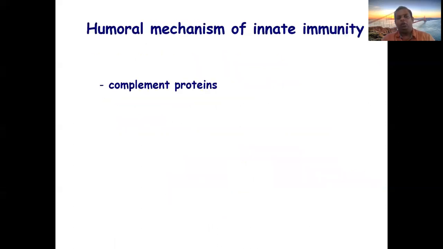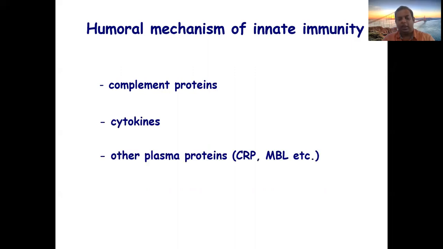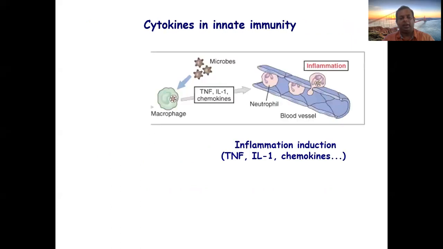So that is the cellular arm of innate immunity. Now about humoral mechanisms: complement, cytokines, other plasma proteins, CRP, mannose binding lectins. We'll learn separately about the cytokines; for the moment, I have discussed them earlier. That's about the humoral arm.